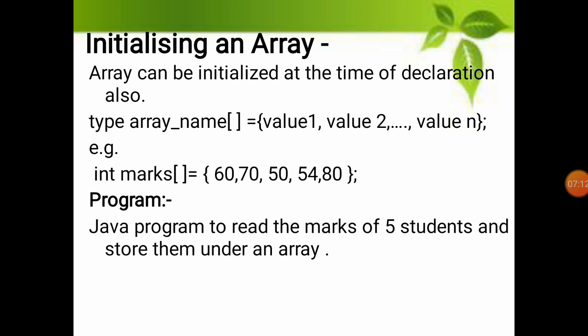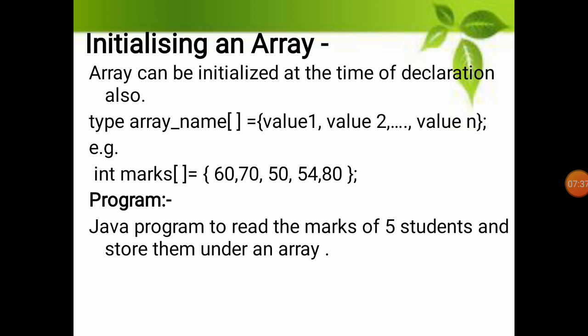This also initializes all the elements from marks 0 to marks 4: marks 0 is initialized by 60, marks 1 by 70, marks 2 by 50, marks 3 by 54 and marks 4 by 80. This is the second way to initialize the elements of an array.